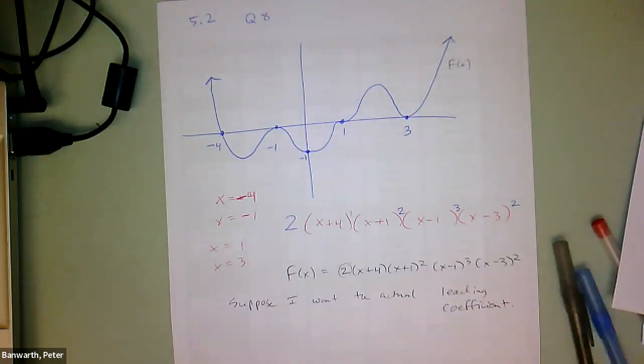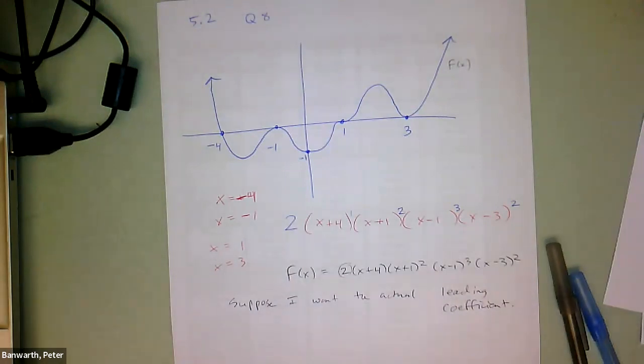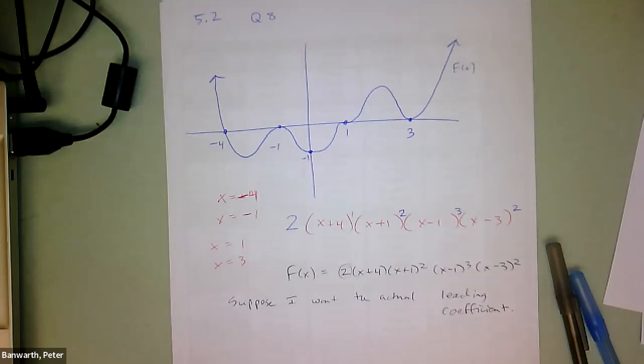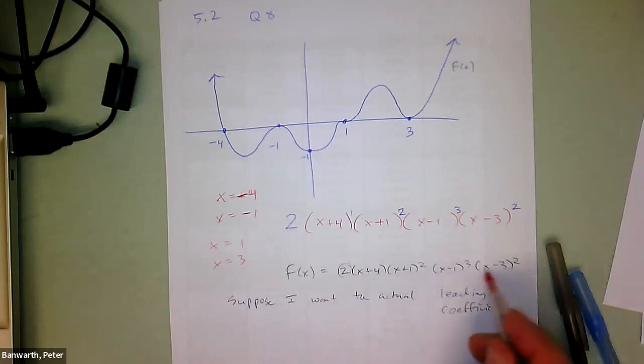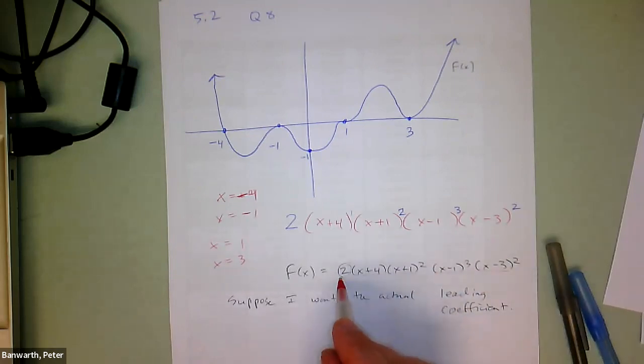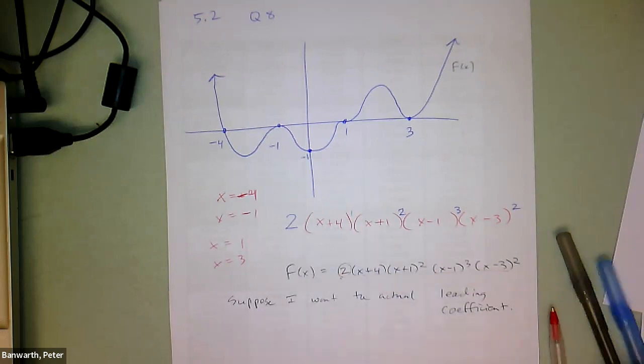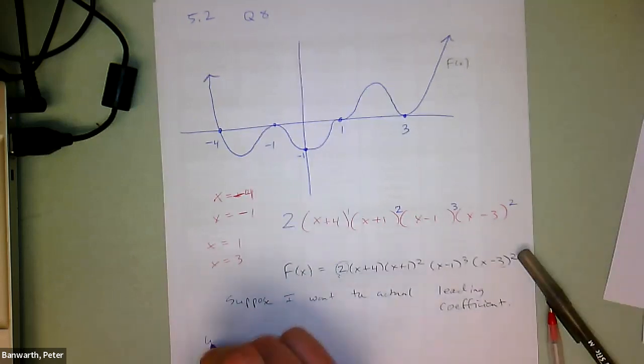So if you think back to finding the equation of a line, if you have the slope, you just need one more point in order to figure out the rest of your equation. With a polynomial, if you have all the factors, you just need one more point to figure out the leading coefficient. I'll write that down.